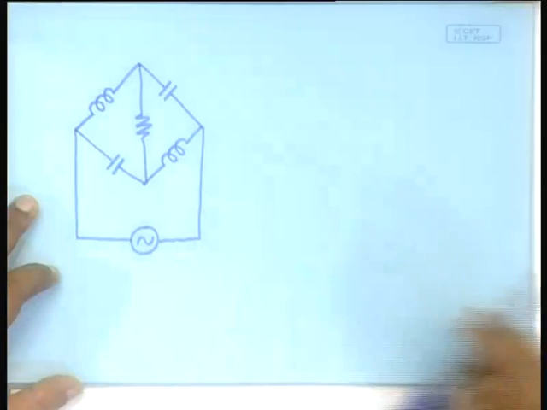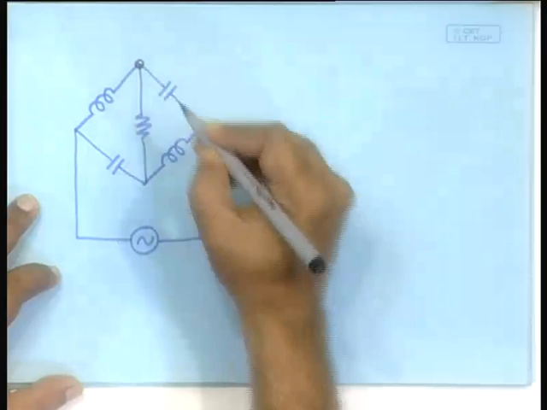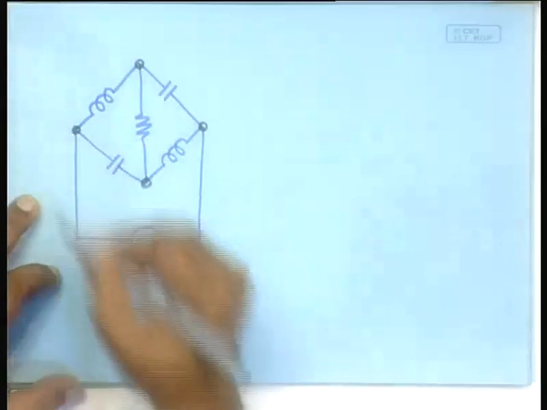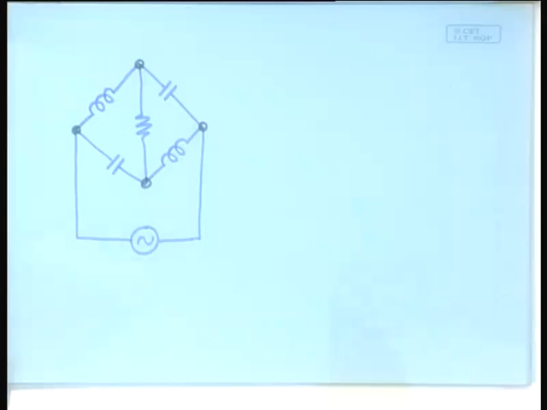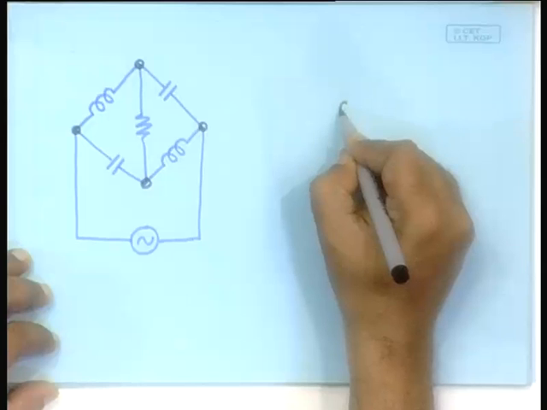So, we can identify in this circuit at least a few nodes. This will be a node, this will be a node, this will be a node, and this will be a node, right. So, we will say that these are the 4 nodes, and we will designate them by 0.